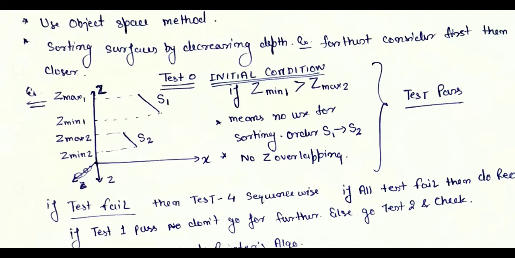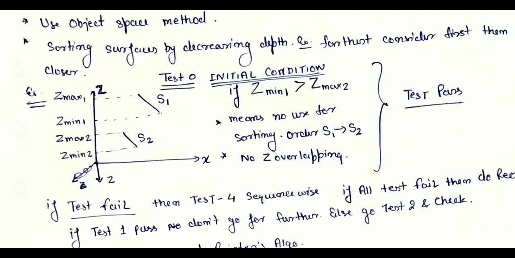If test 1 passes, there is no use to go further. If test 1 fails, we go to test 2. If test 2 passes, then stop, otherwise test 3 comes. If test 3 passes, then stop, otherwise test 4 comes, and if test 4 passes, then stop, otherwise we have to go for the reorder.